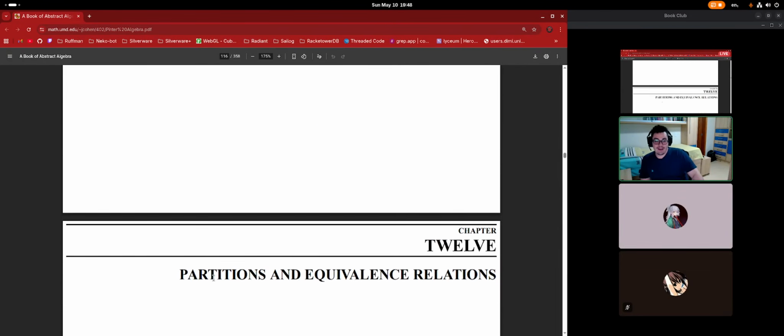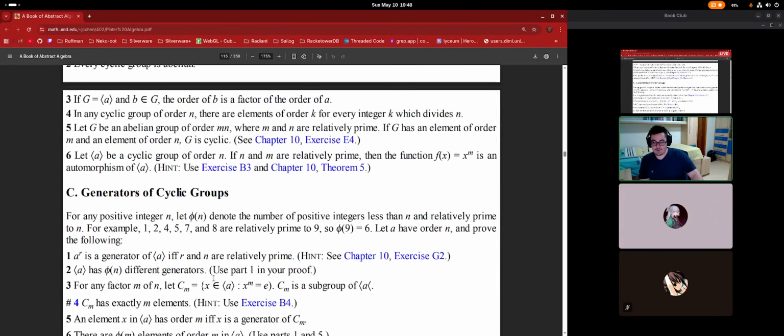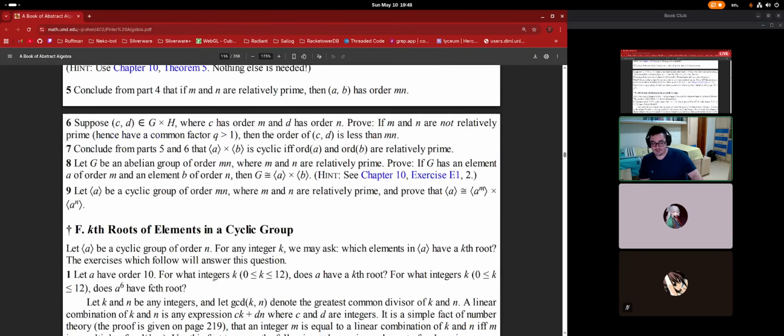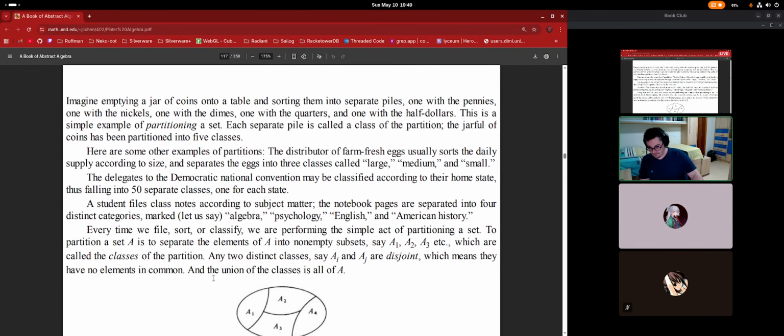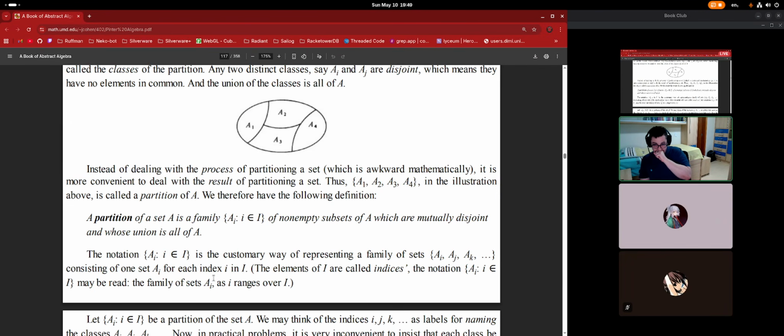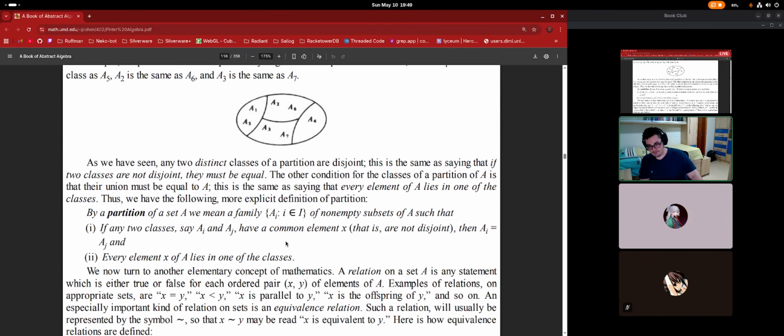That's my expectation, because we've seen that everything connects to groups anyway, and there are exercises about groups in this chapter. But my understanding is that our next step is to connect groups more intimately with the idea of partitions and equivalence relations and things like that.